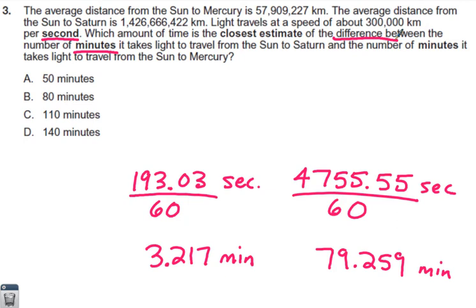They're both 0.2, so you could literally subtract these two decimals, but you're going to get pretty much about, remember, where does it say estimate? Closest estimate. So about 79. Again, you want to save all the rounding for the very end, but look at these choices. So 76. So I guess the best answer would be 80 minutes. B.